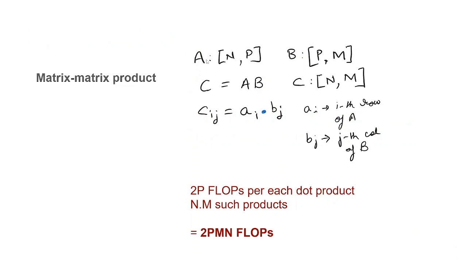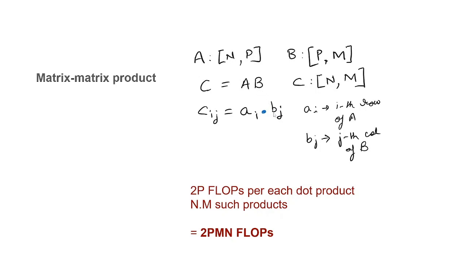Moving on to matrix multiplication. A is of shape n by p, B is of shape p by m, and the output matrix C is of shape n by m. Each element of the output matrix C_ij is basically a dot product of the ith row of the A matrix and the jth column of the B matrix.